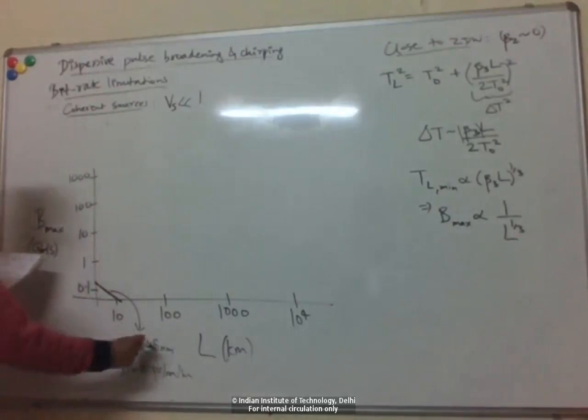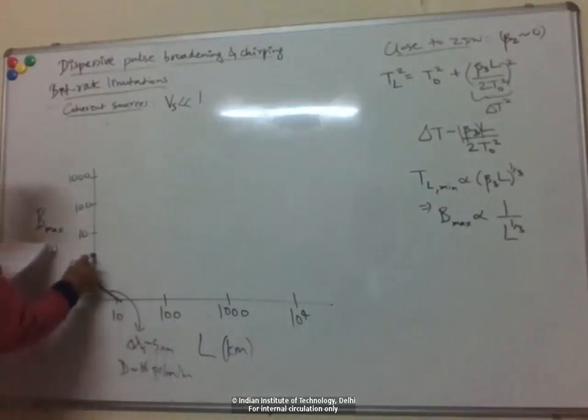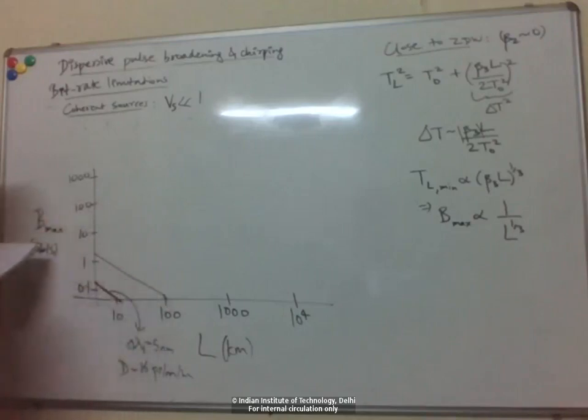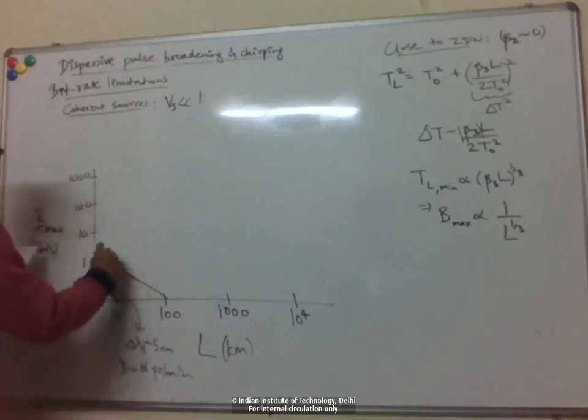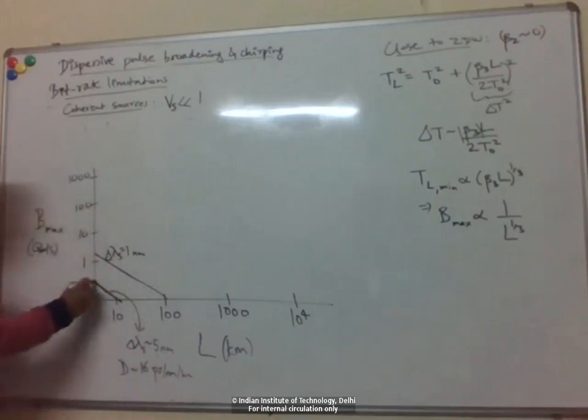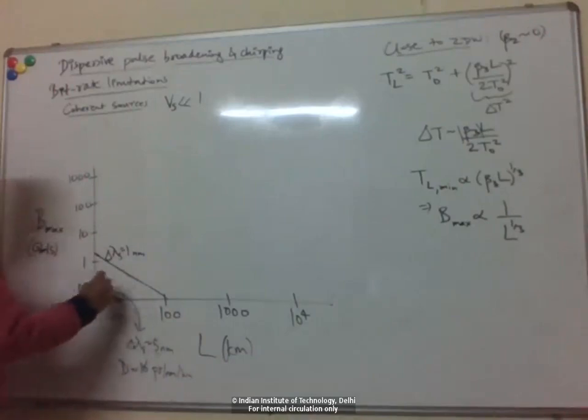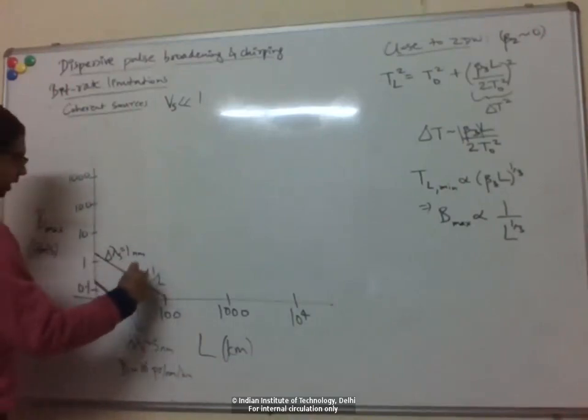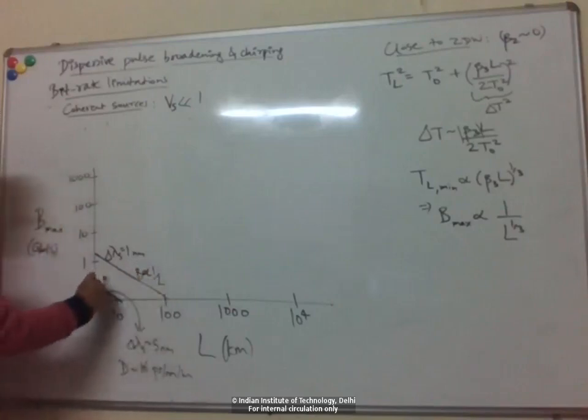I can improve things by narrowing the source bandwidth. So if I go to 1 nanometer, I improve by 5 times. And in both these cases, B is inversely proportional to L, linearly with L.